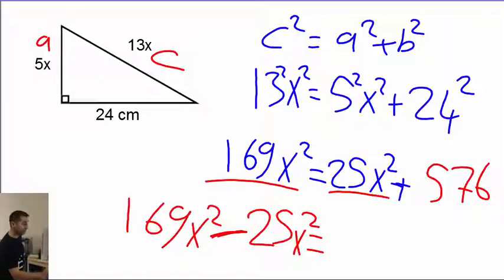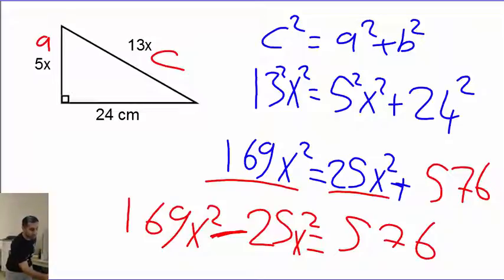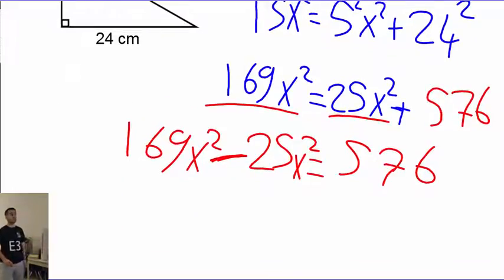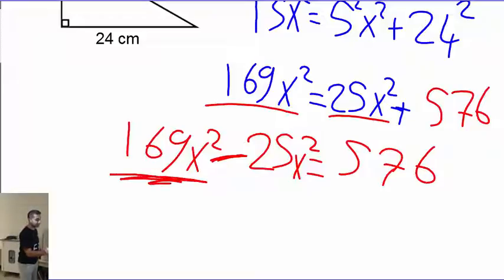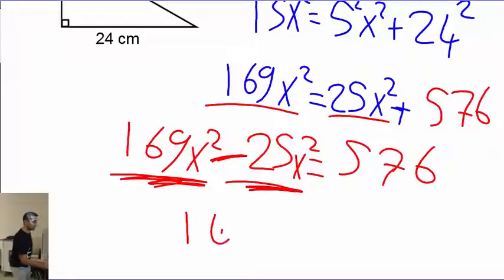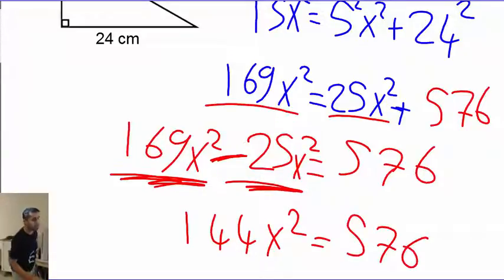So 576 will be alone here. And this time, we are not adding the apples. We are subtracting the apples. 169 apples minus 25 apples will give you 144 apples equals 576. You know what to do from this point on.